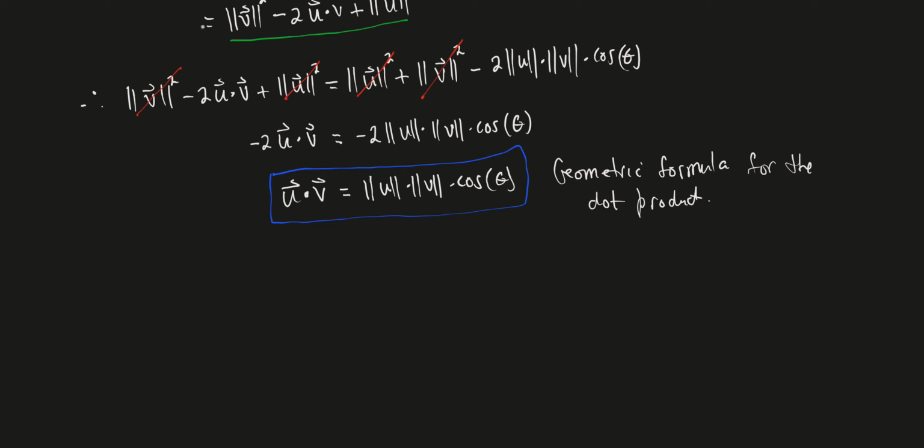Let me write them down. Remember, these are the two formulas that we now have, and I'll state this one in terms of R3. This formula is the algebraic formula for the dot product.